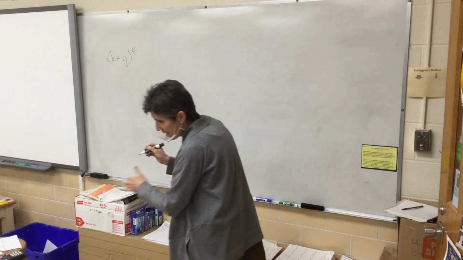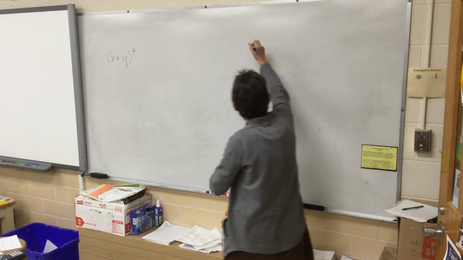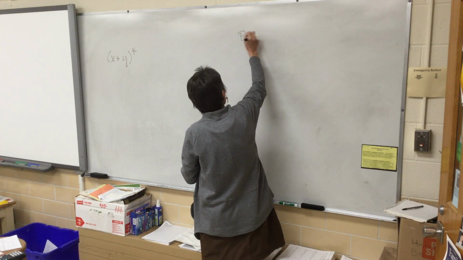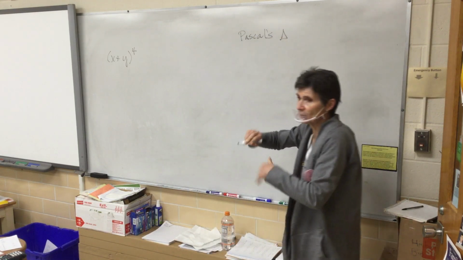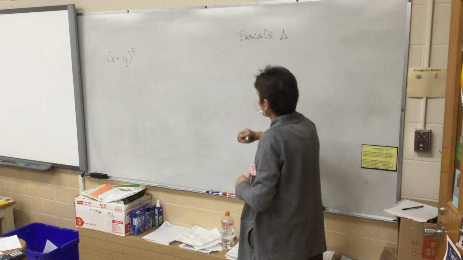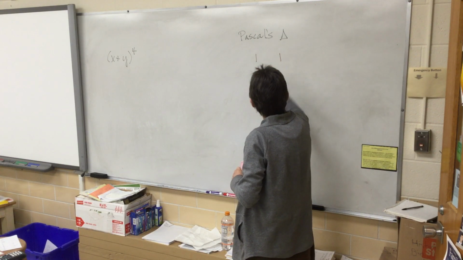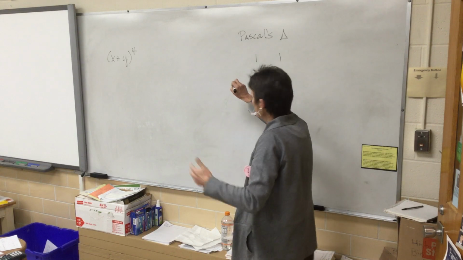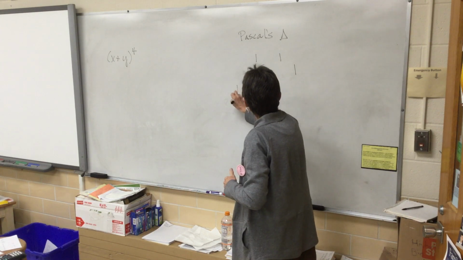Over to the side, or maybe on another sheet of paper, I need you to copy down what is called Pascal's triangle. Blaise Pascal was a great mathematician a long, long time ago. So here's what his triangle looks like, and later on, we might talk a little bit about where it came from.